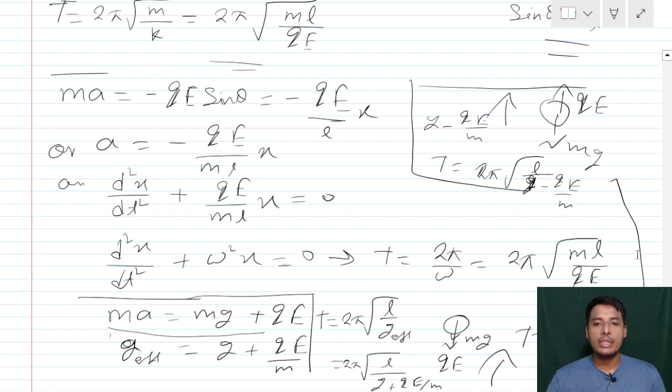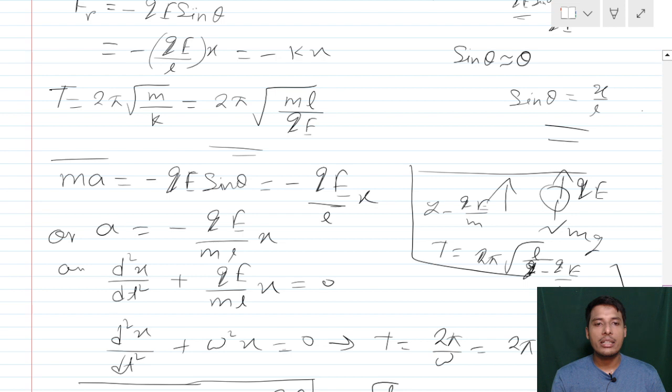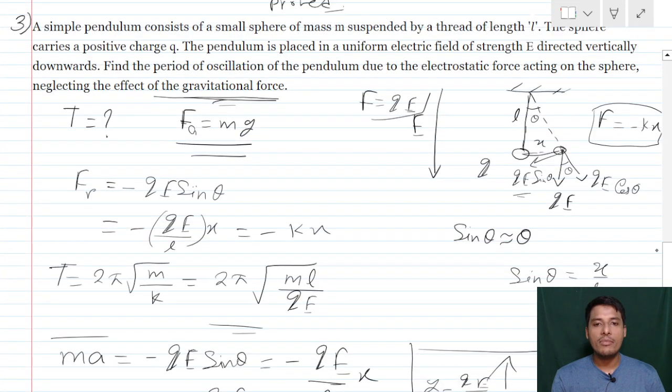So we have calculated the same problem in two different ways. In the first way, we neglected the gravitational force, as given in the question. When we neglect the gravitational force, we easily apply Hooke's law, that is F equal to minus kx. When a bob is displaced from the equilibrium position by a displacement x, we can use the restoring force.